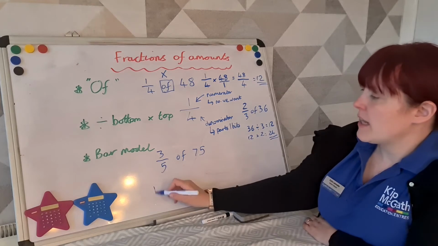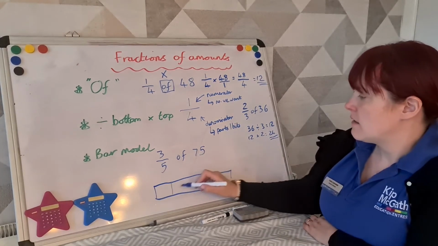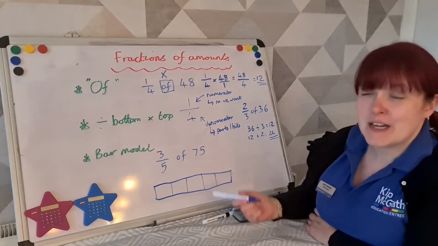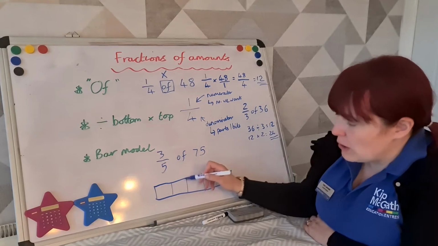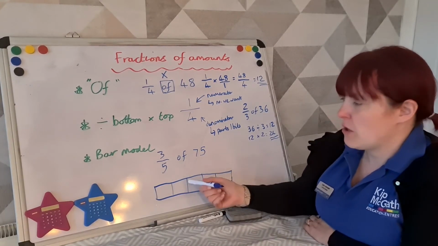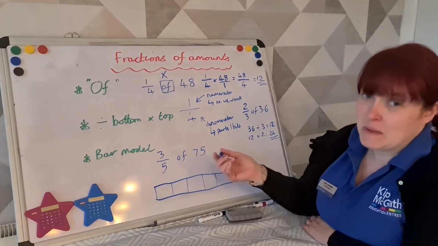I'm going to have a bar that has 5 parts. Obviously, as an adult, you get quite good at splitting that up. A child would struggle with that and might start having them all really small. So what you would suggest to them is to use maybe 2 squares per section of the bar and do it that way.